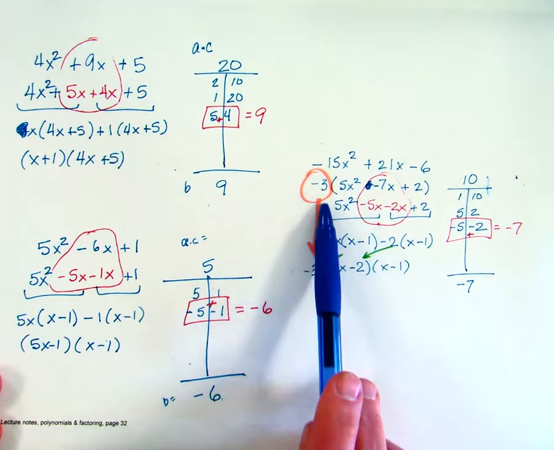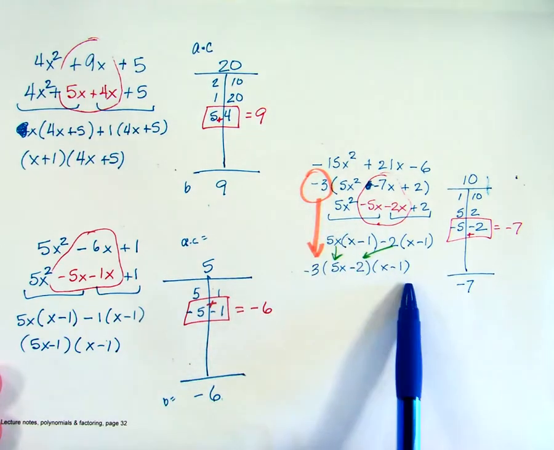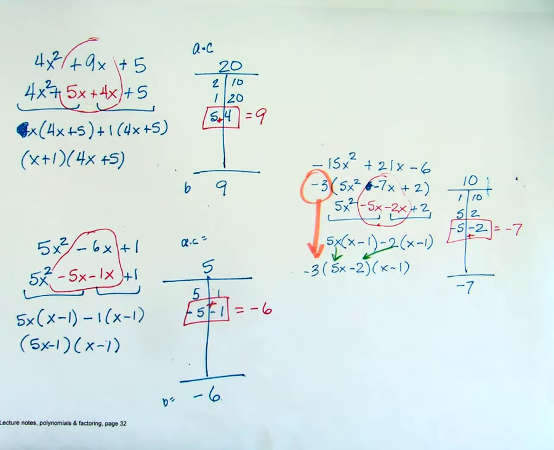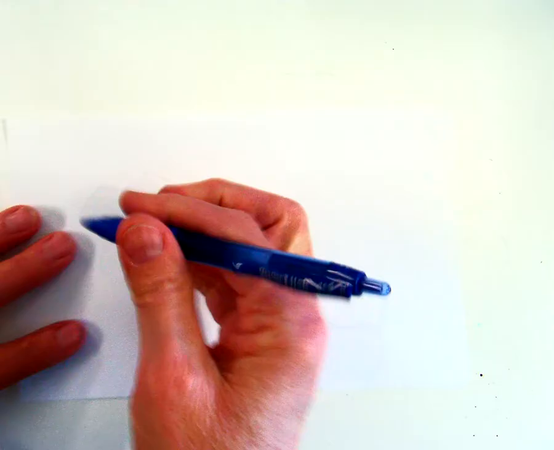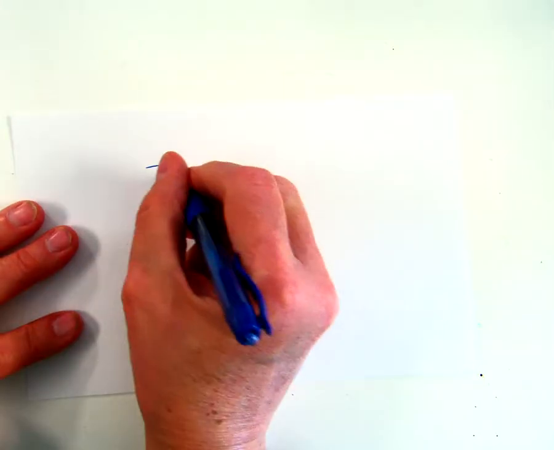Okay, here are 2 more to do. Do negative x squared plus x plus 20, and do 8x squared plus 32x plus 30. Work those out, pause it, and here are the answers.